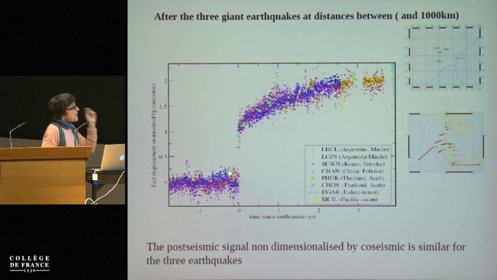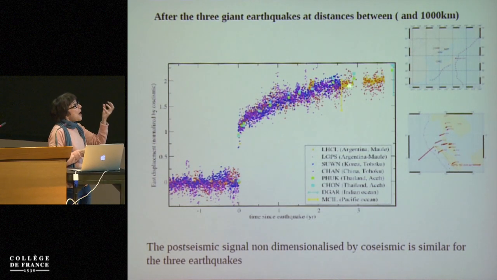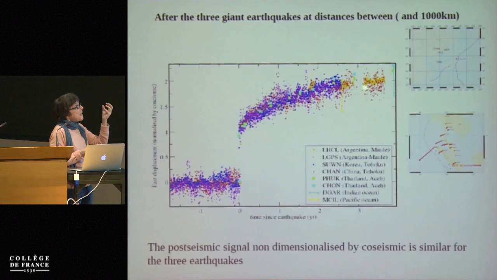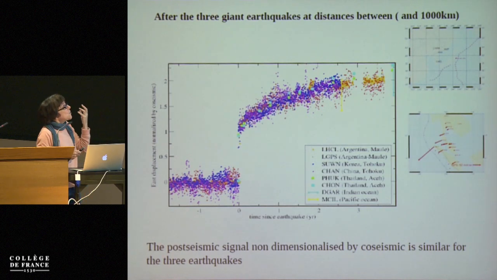That is, the physical process which gives rise to those far-field deformations seems to be the same, with the same mechanical properties in the three areas. And this is also something that you can see here on, I would say, almost raw data.